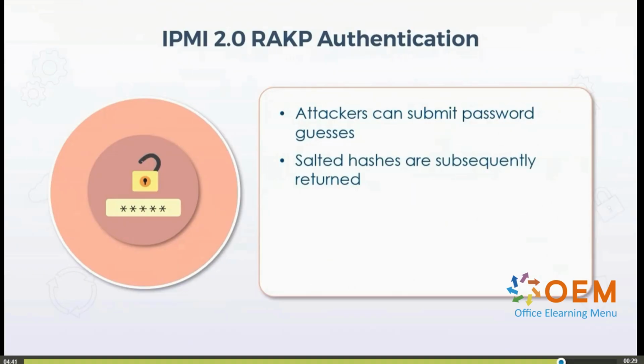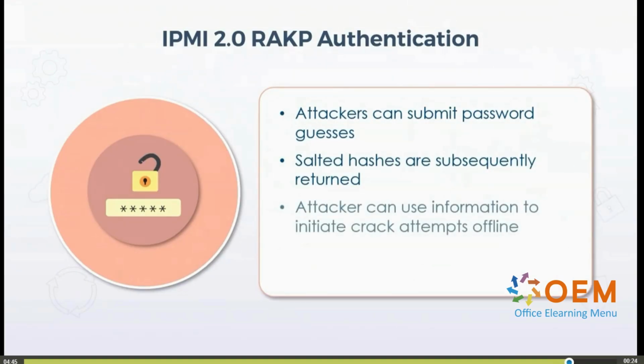IPMI 2.0 RAKP will then subsequently return a salted hash to an attacker. This attacker can then take that salted hash and try to start cracking that hash offline. Once they successfully crack that hash, they will be able to submit the value they obtain as authentication and successfully authenticate to the IPMI once again gaining full control over the system.